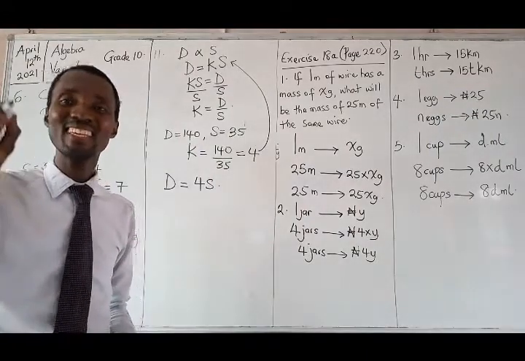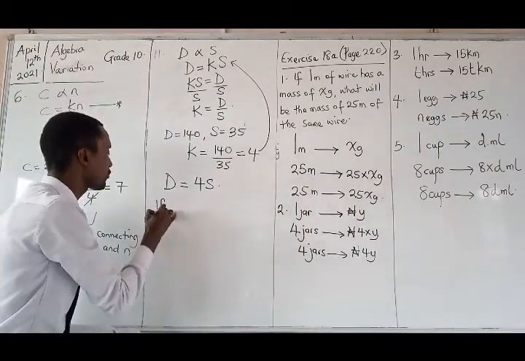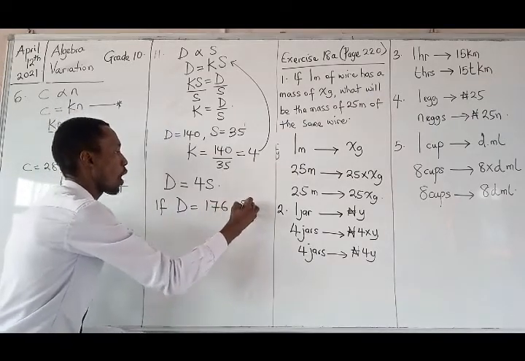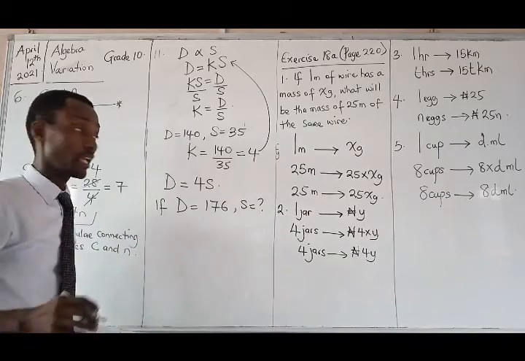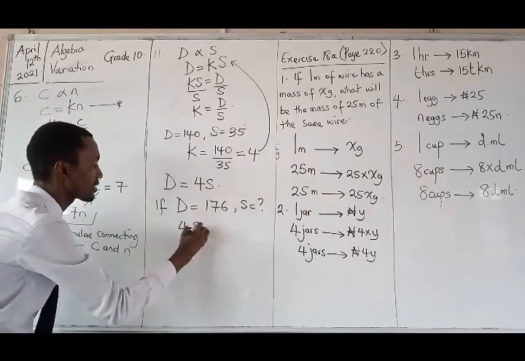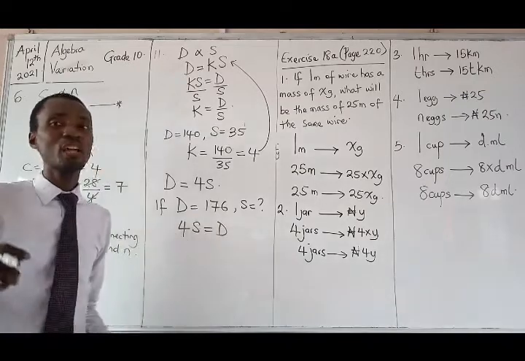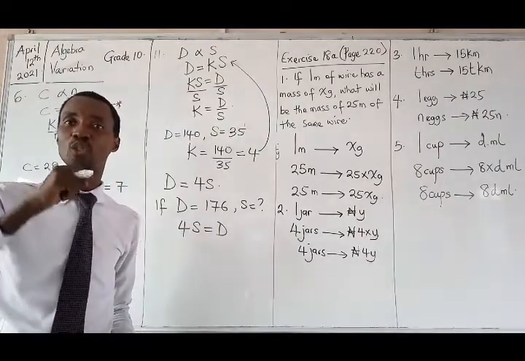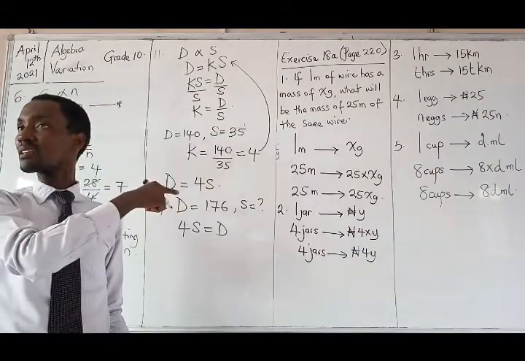The next phase will be to look for S when D is given. So if D is equal to 176, what would S be? You need to make S the subject of the formula here. So that will be 4S equal to D. You discover that change of subject of formula becomes a critical topic you need to understand to be able to do this.